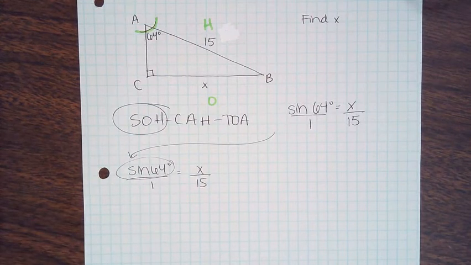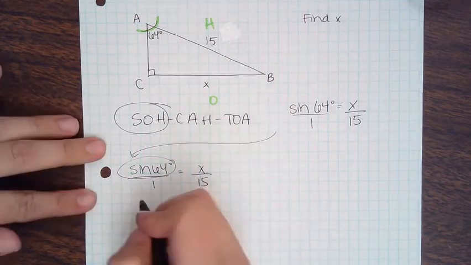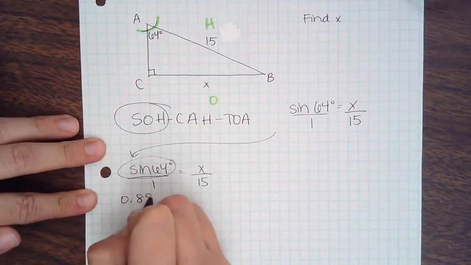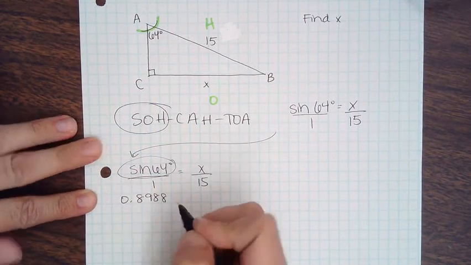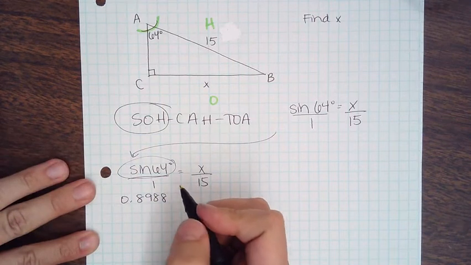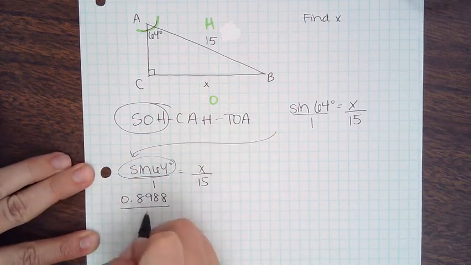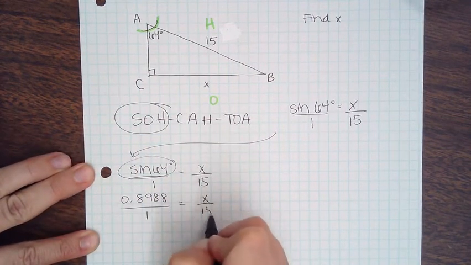I'm going to get my trusty calculator out and calculate what the sine of 64 is. When I do that, I get 0.8988, rounding to 4 decimal places, over 1 equals x over 15.